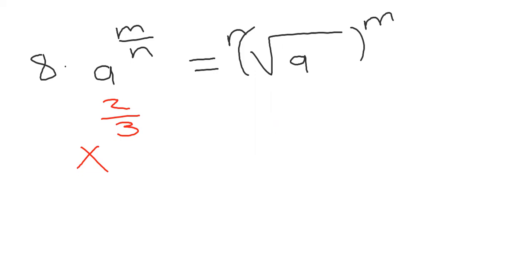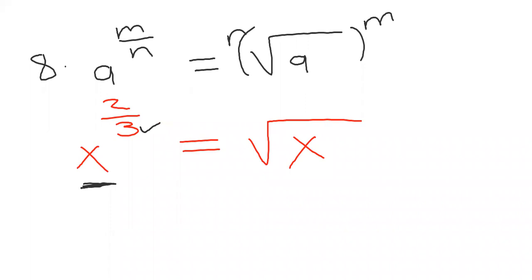Now, to convert this, we are going to open the root sign. Under the root sign, we are going to put our base. Our base in this case is the x. Then you are going to take your denominator.